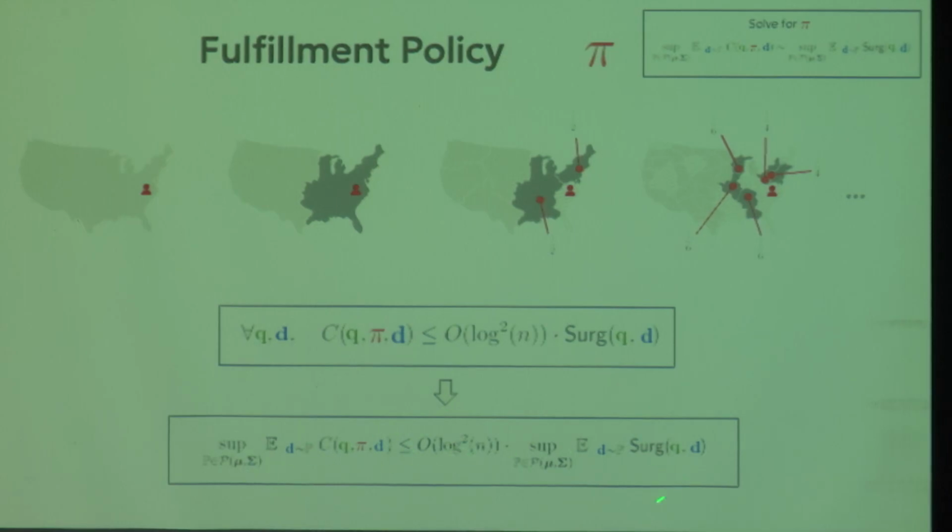That would automatically imply that the worst case expected cost is also within log square. Now I need to prove that this cost is actually lower bounded, so I can do the optimization over the surrogate.